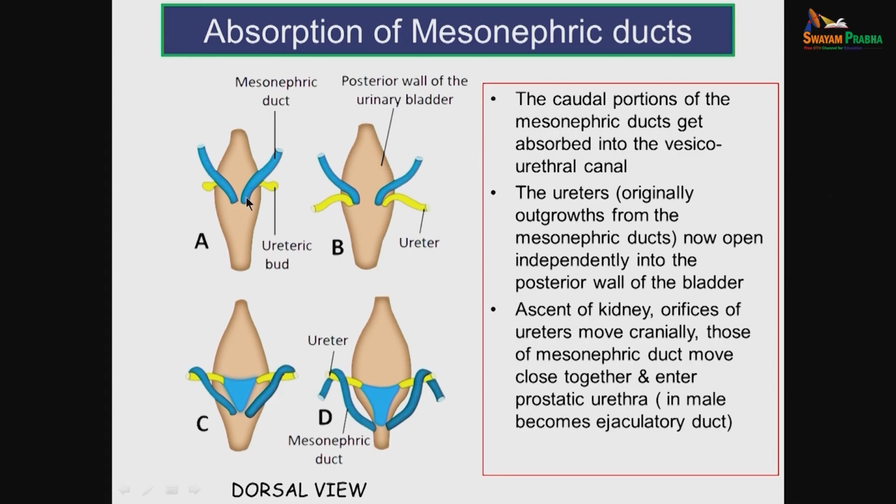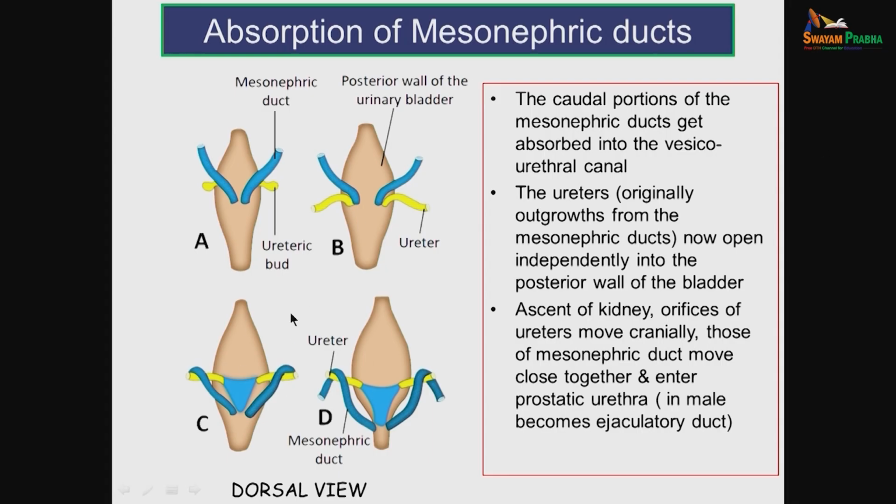See the difference between this picture and this picture. This portion is absorbed into the vesico-urethral canal. Because of this absorption, the ureters, initially an outgrowth from the mesonephric duct, are now opening independently into the posterior wall of the bladder.